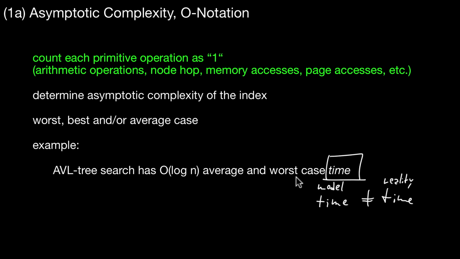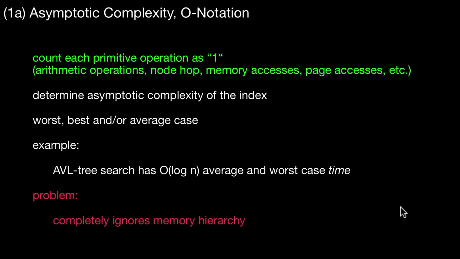Even though you have two structures that are in the same complexity class with respect to the search time in the model, in reality, the search times may differ a lot. And that is a problem with the O notation because it's sometimes too imprecise, too high level. I'm not saying that this is a bad tool, it's a very powerful, good tool, but O notation alone is not enough for data managing purposes.